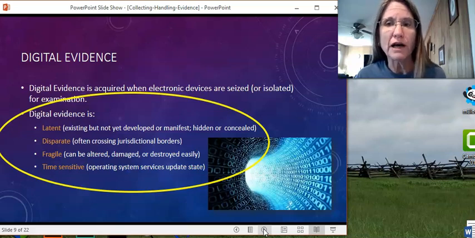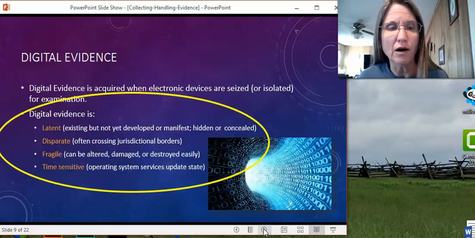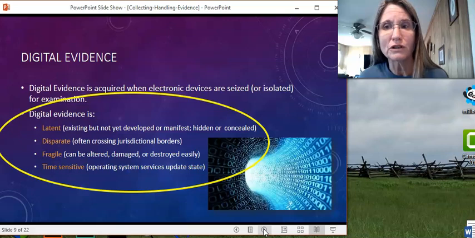Secondly, digital evidence is disparate. It is everywhere, across the network, possibly even across the continent or across the world as data travels to many servers from origination to destination. Thirdly, digital evidence is very fragile. It can be easily tainted, altered, or destroyed entirely.